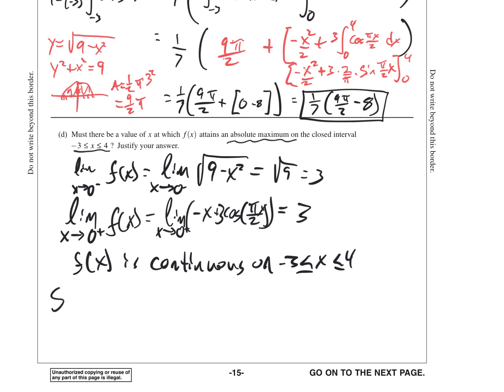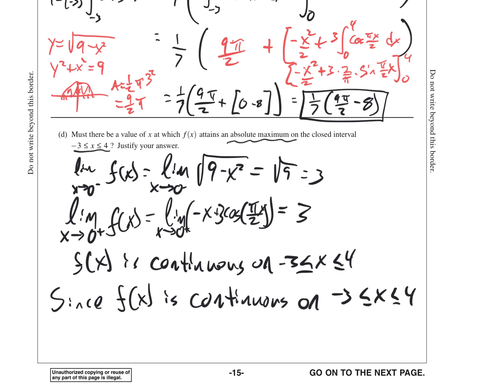So let's say this: since f of x is continuous on negative 3 to 4, it has an absolute maximum by the extreme value theorem.